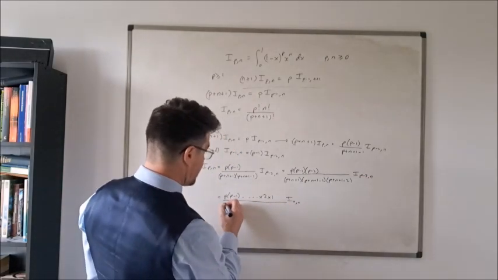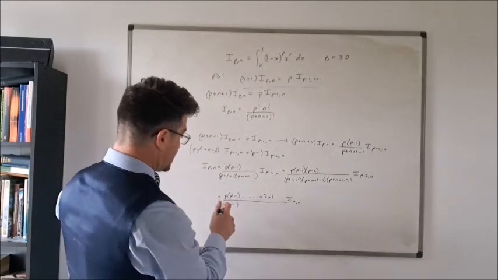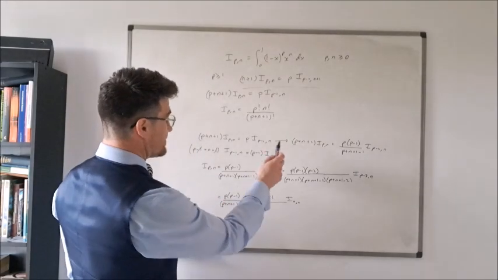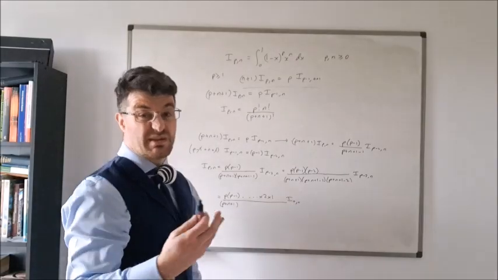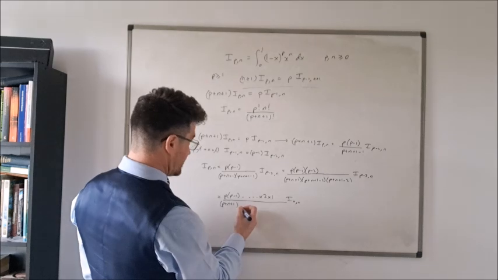So then down here I've got p + n + 1. How many steps have I gone down? So I've gone from p - 1 to 0. That's p - 1 steps, right?